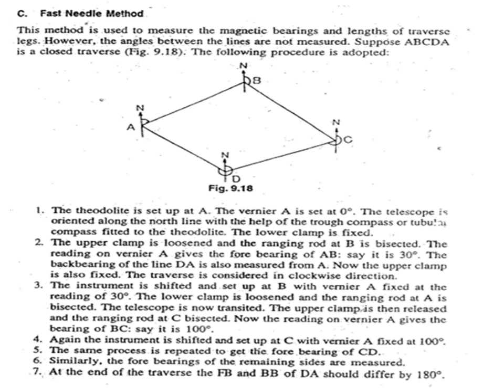Say it is 100 degree. Again the instrument is shifted and set up at C with vernier A fixed at 100 degree. The same process is repeated to get the fore bearing of CD. Similarly, the fore bearings of remaining sides are measured. At the end of traverse, the fore bearing and back bearing of DA should differ by 180 degree.